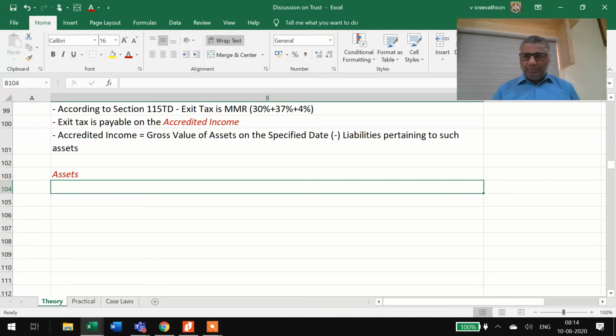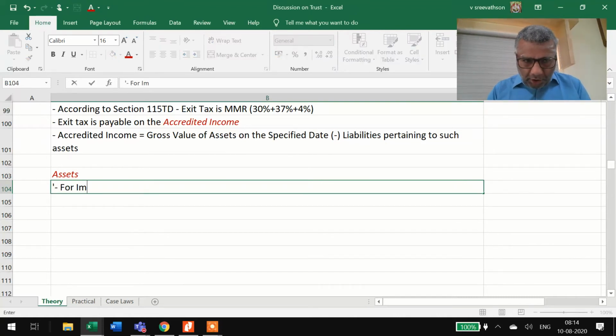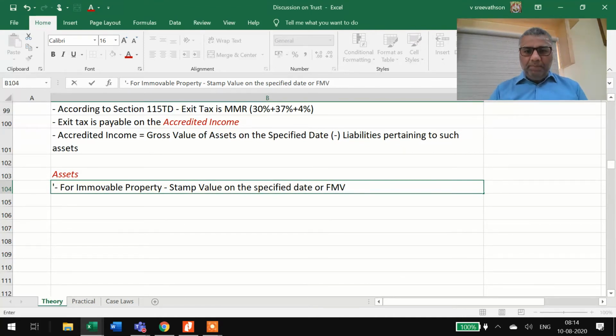Assets. For immovable property, stamp value on the specified date or FMV, whichever is higher.